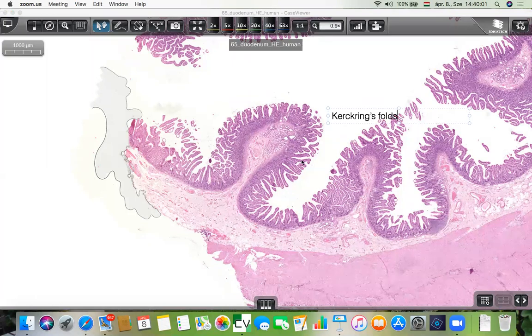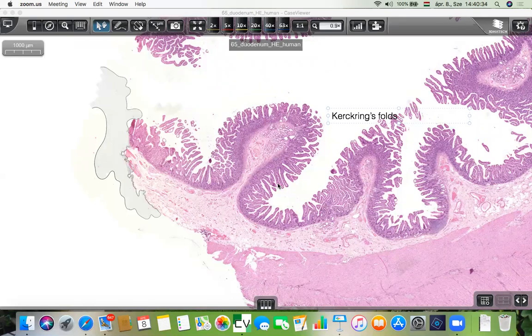On the surface of the Kerckring folds, we can find these finger-like processes called intestinal villi. That's the second type of surface increasing structure in the small intestine. And on top of the villi, we have cells having microvilli. That's the third one. In the small intestine, we have 3 surface increasing structures.